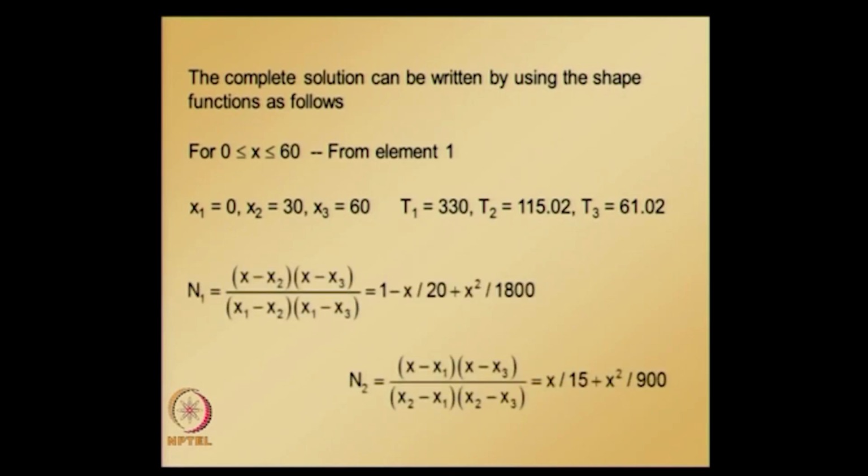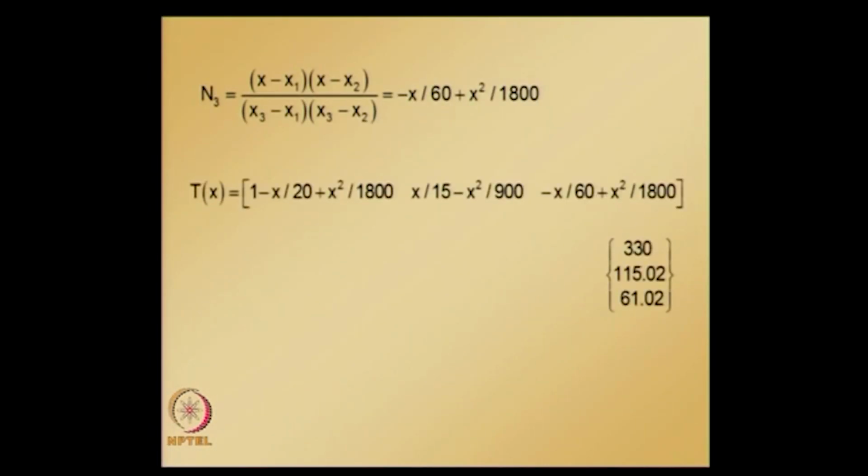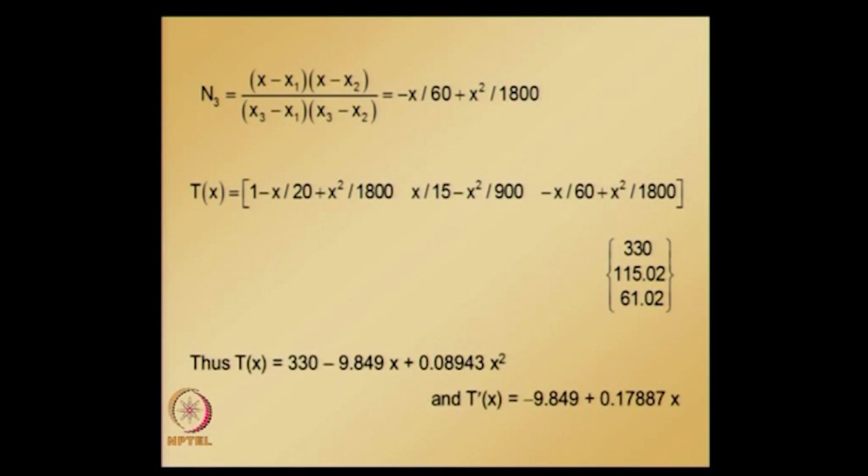So, using shape functions N1, N2, N3, using the coordinates of nodes, we can interpolate temperature inside element 1 using this equation, which can be further simplified, and also derivatives. T is a function of x, so we can take derivative of T with respect to x, that is also given there. So, this is for element 1.